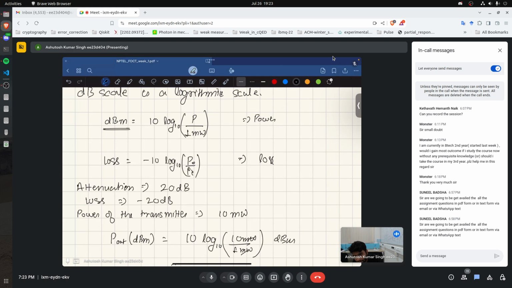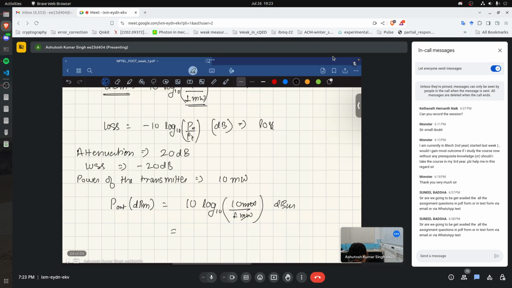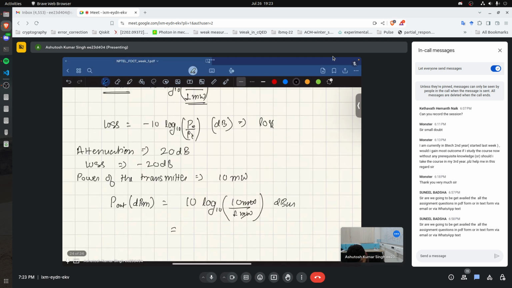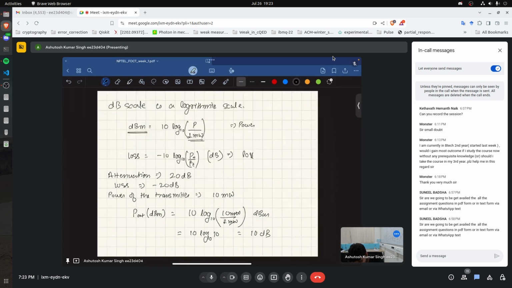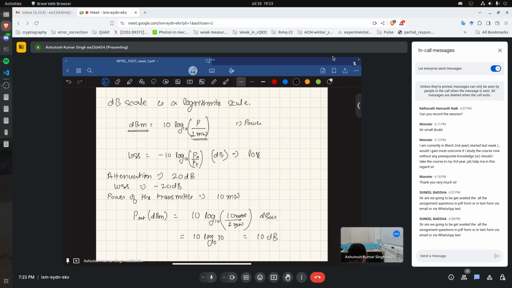The unit for power is dBm when it is written with respect to milliwatts, whereas loss is always represented in dB or decibels. Okay. Now this simplifies to log 10 of 10, which is just 10 dBm. Now we can see that the power output of the laser is 10 dBm and the loss in the system is minus 20 dB.